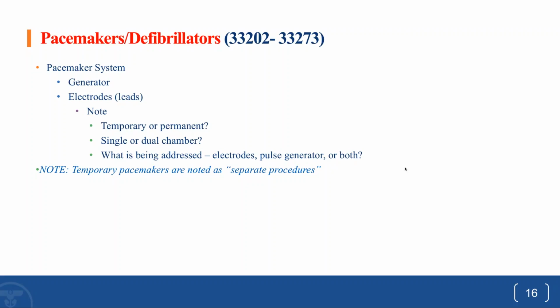We're going to talk about the different types of leads in the presentation. I'm just going over this little chart right now. The next section you could block off is your removal. So you see where we're going. We have insertion, which could be with or without a pulse generator, so you have to look at that, but we know that's the insertion of the leads.